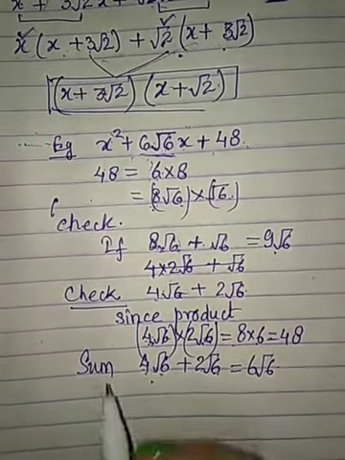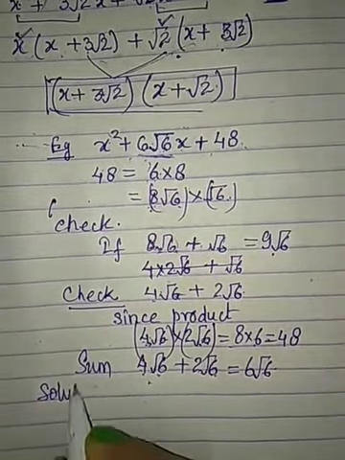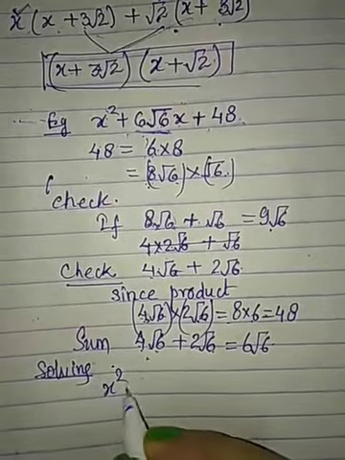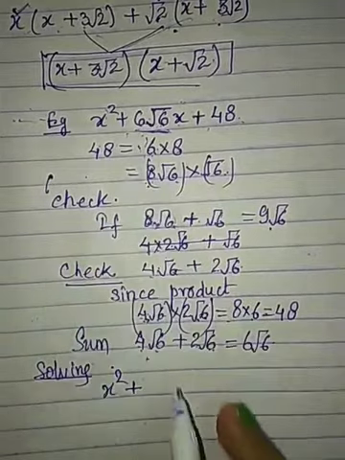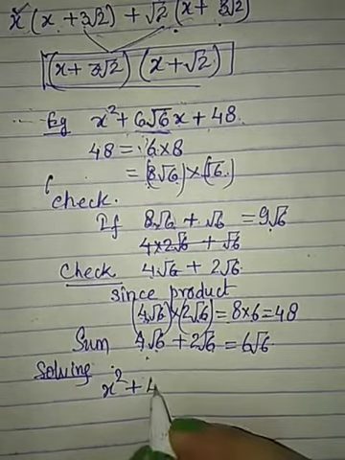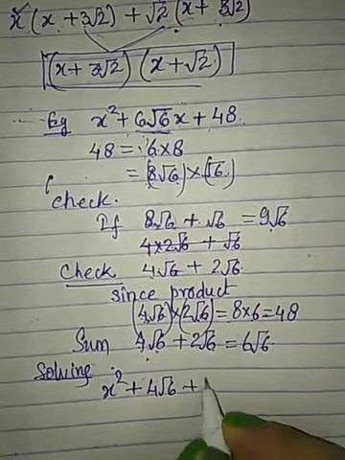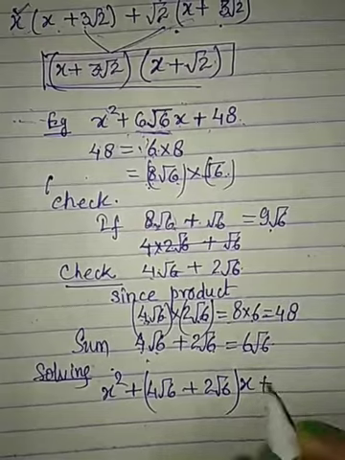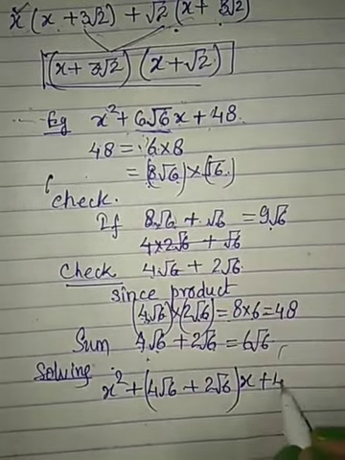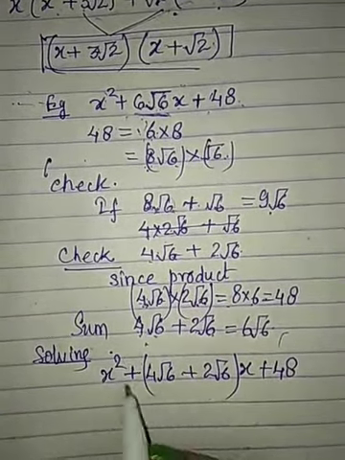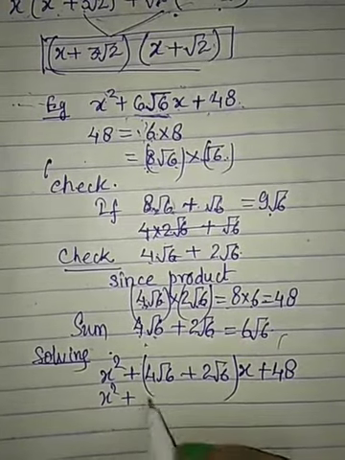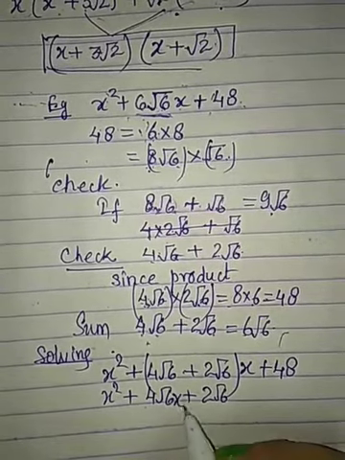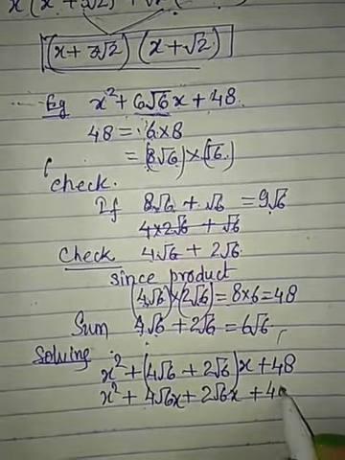Now we are going to solve it. Factorizing x square plus 6 root 6 x can be written as 4 root 6 plus 2 root 6 under the bracket, x, plus the last term 48. Open this bracket: x square plus 4 root 6 x plus 2 root 6 x plus 48.